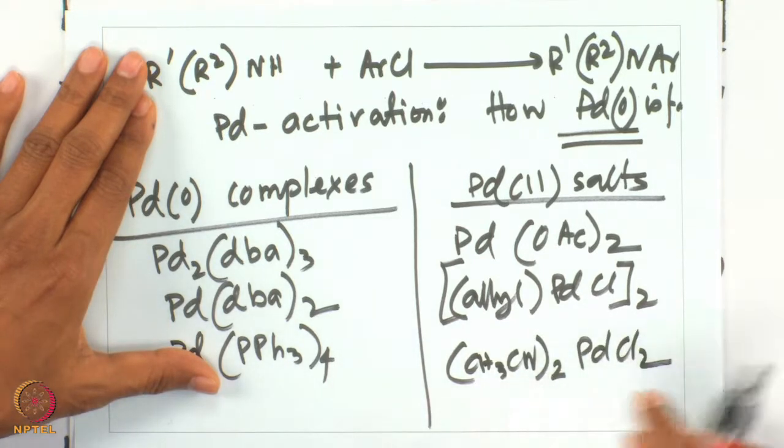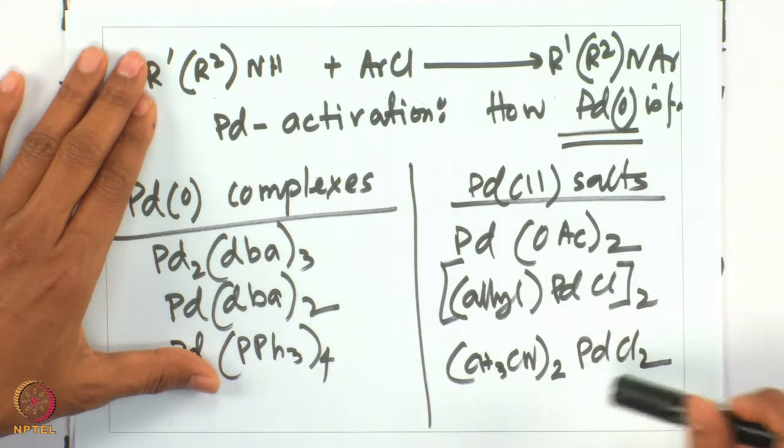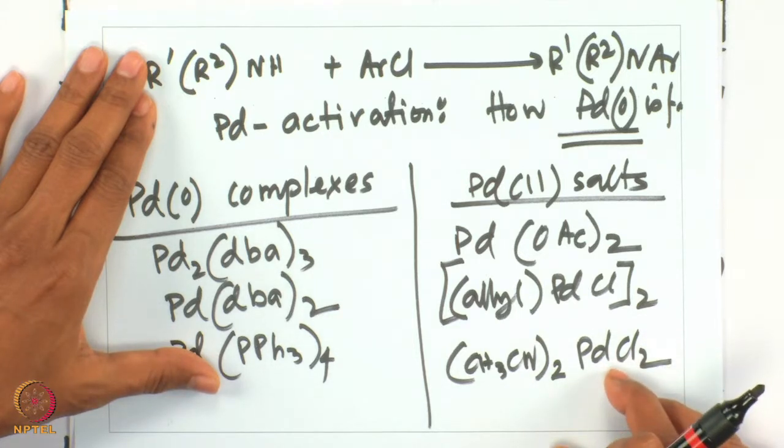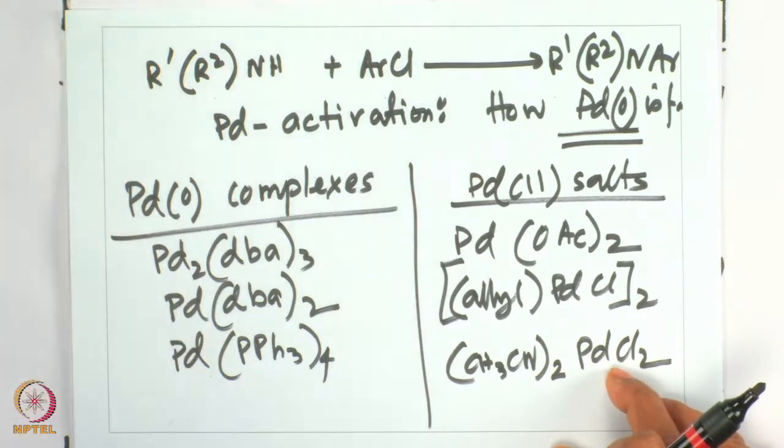Of course, palladium 2 salts are all very stable, but they must be reduced to palladium 0 by heating in the presence of additives, for example phenylboronic acid, amine as you have seen in the last class, or phosphine. We have not seen the example of phosphine being used to reduce palladium 2.